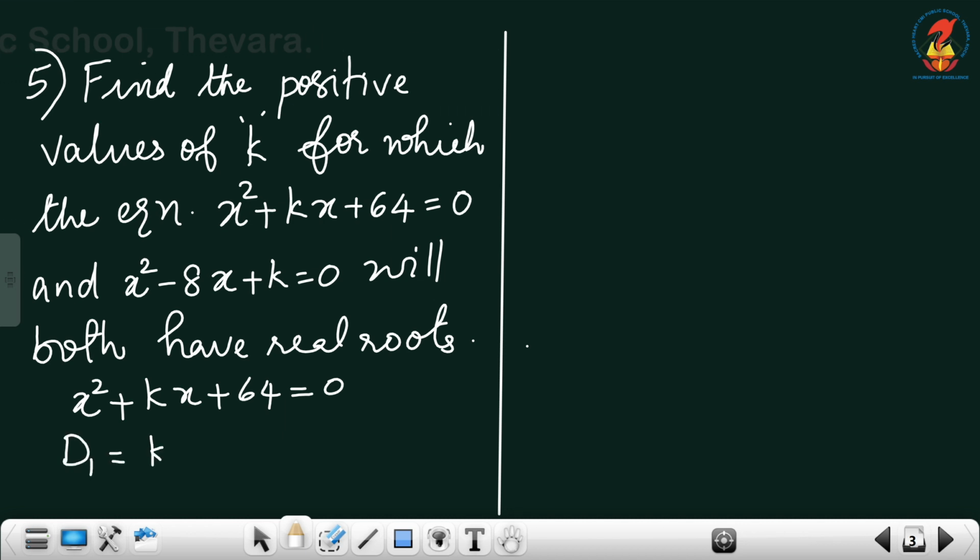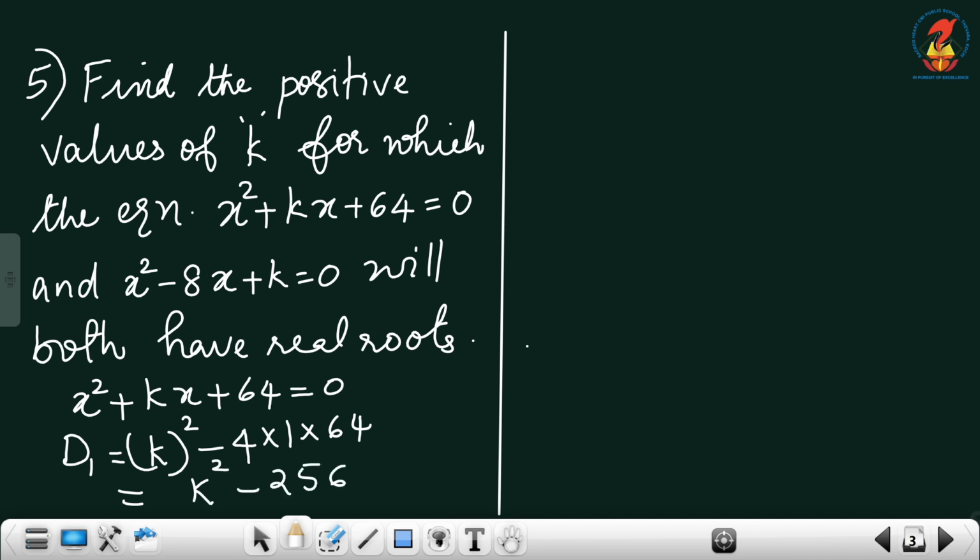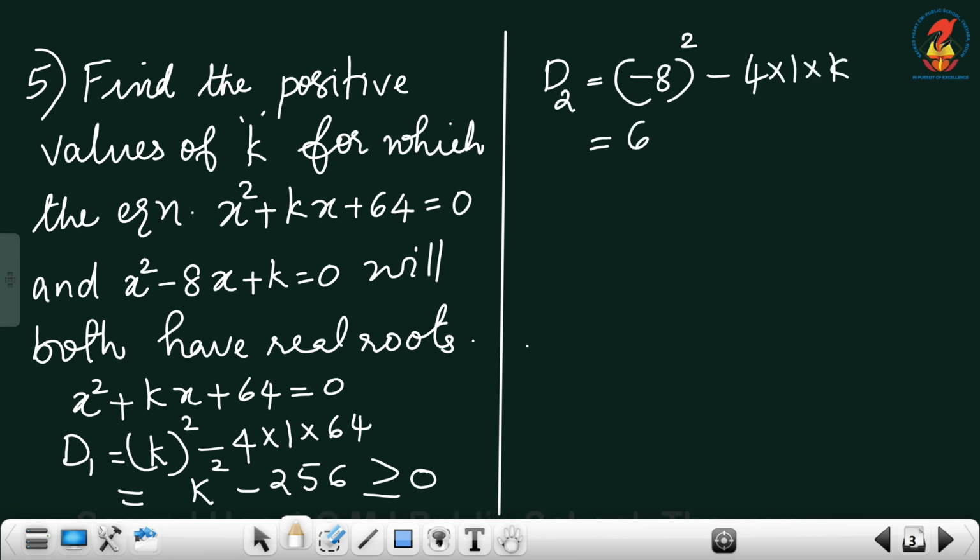Discriminant d1 is equal to k² − 4 into 1 into 64, which is k² − 256 ≥ 0. Second case, discriminant d2 is equal to (−8)² − 4 into 1 into k, which is 64 − 4k. This is also greater than or equal to 0 because they have real roots.